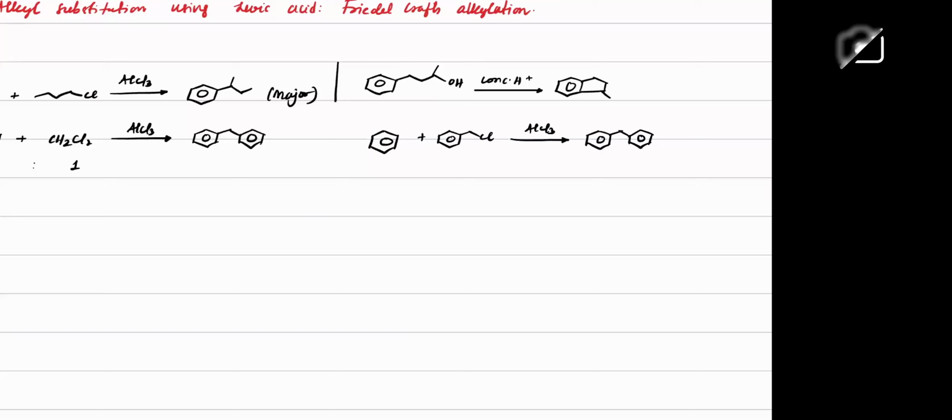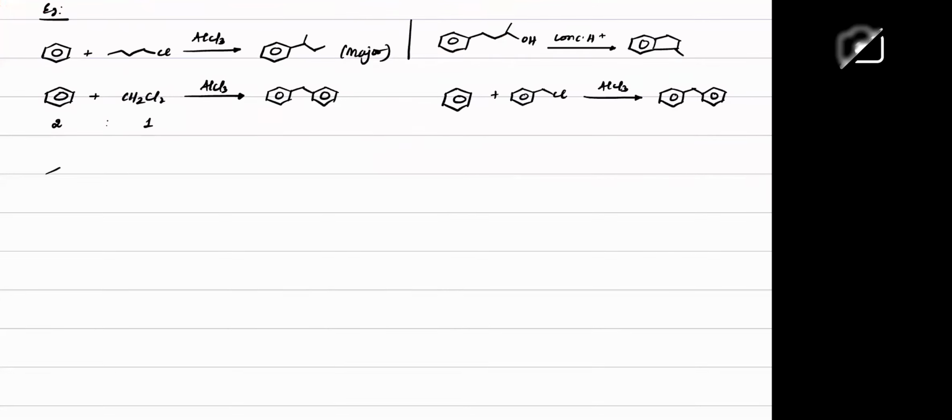Clear? Similarly, if you have benzene and I'm treating that with alkene here, in the presence of HF at 0 degrees, you will get tert-butyl here like this.